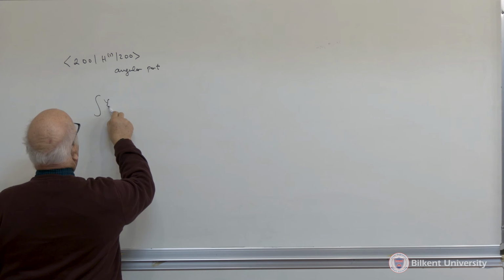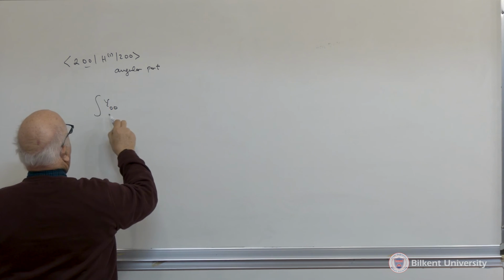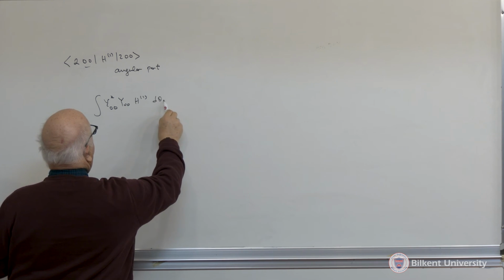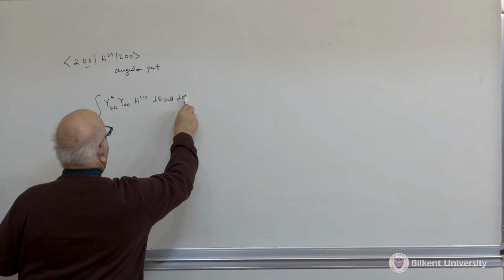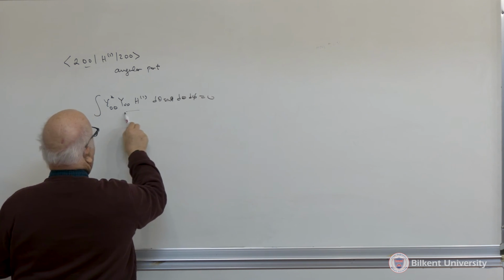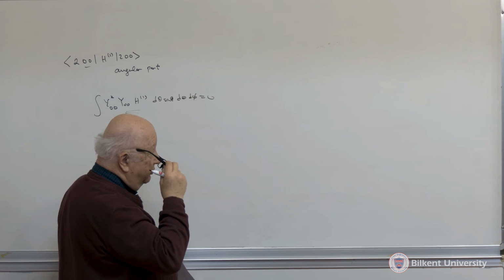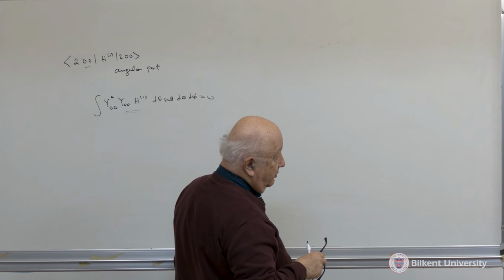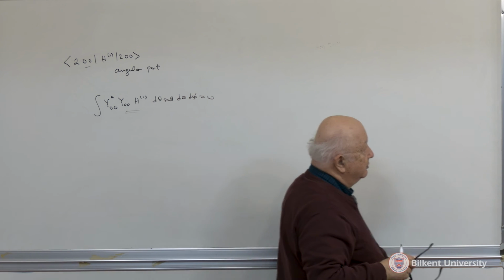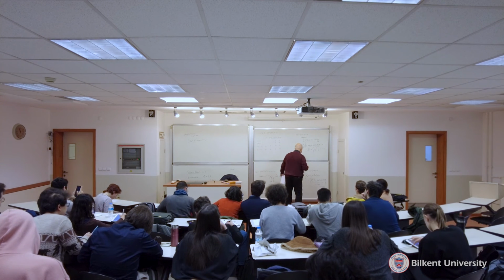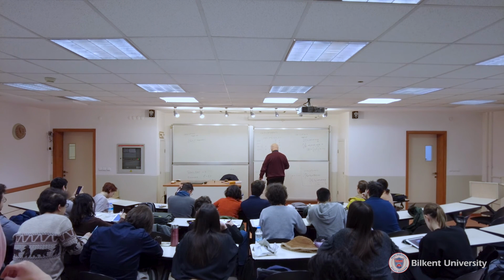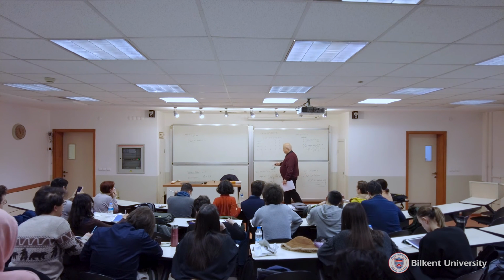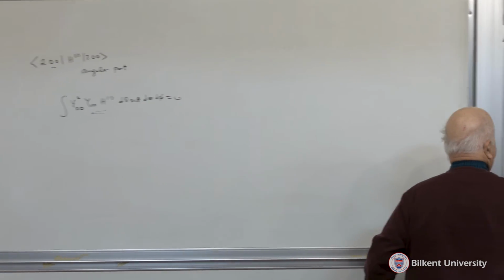This is the y00 bit that we did already, because these are the LMs, y00, h1, d theta, sine theta, d theta, d phi, that we just saw is equal to 0. So for the 0, 0 case, I'm going to get 0. Well, actually, I did not do it, but I thought I did it. Yeah, here it is, we did it for 1, 0, 0 for the ground state. In any case, this is 0.